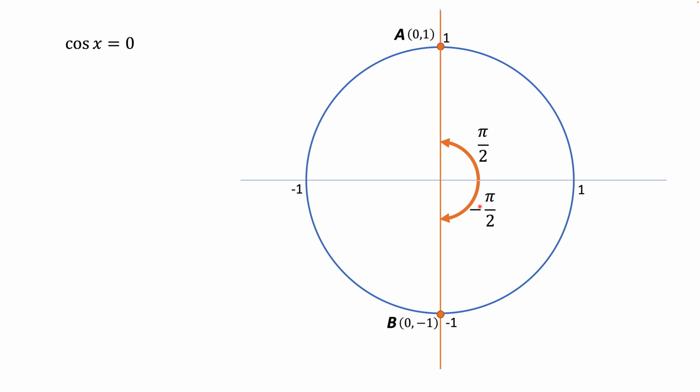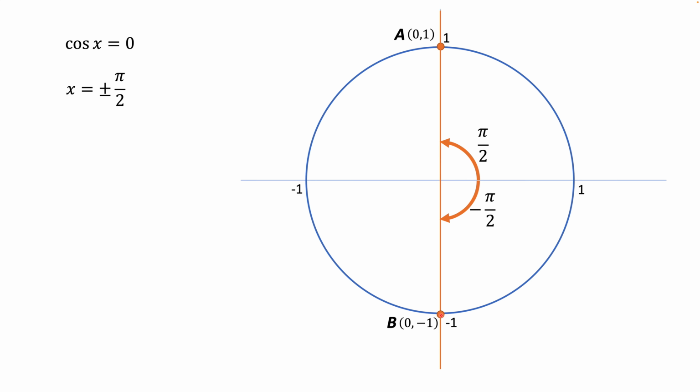The top one corresponds to angle pi over 2. The bottom, if you go down, we get again pi over 2, but in the negative direction, so it's minus pi over 2. And again, as before, if I add or subtract any number of 2 pi's to either pi over 2 or minus pi over 2, I get to the same point where I started.